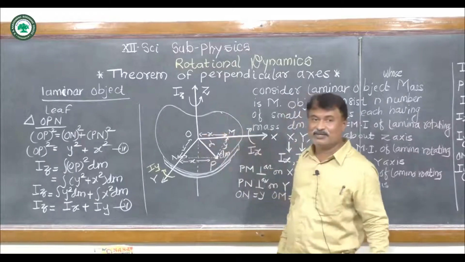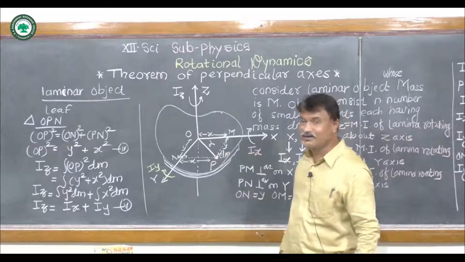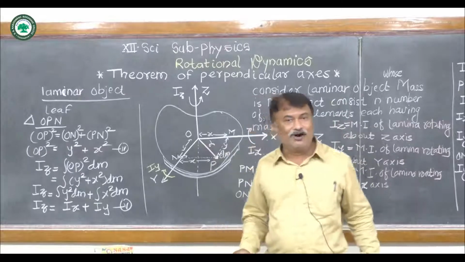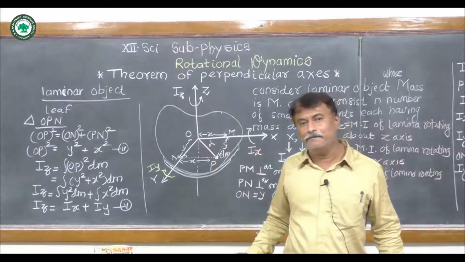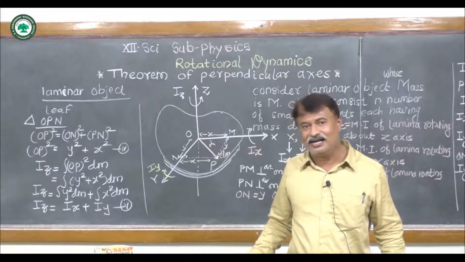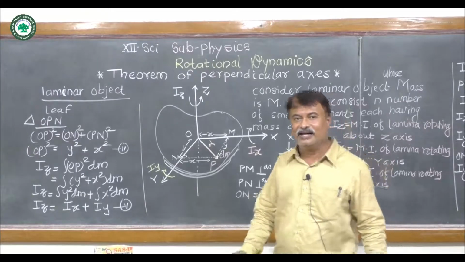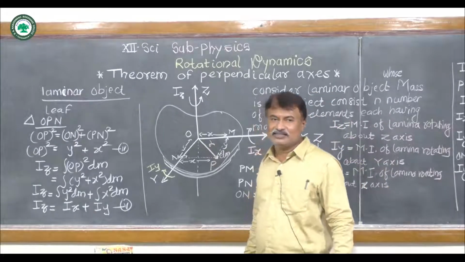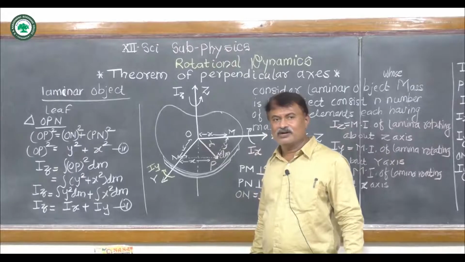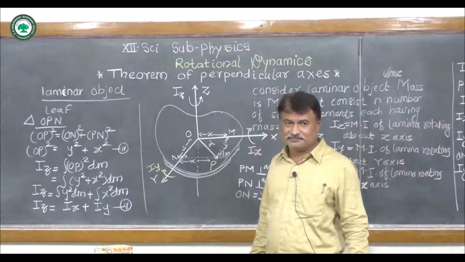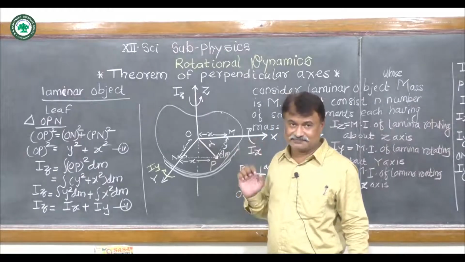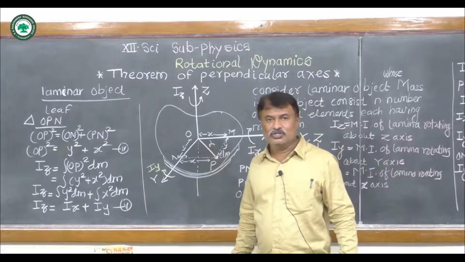Now with the help of the theorems of parallel axis and perpendicular axis, we can find the moment of inertia of all geometrical shapes about different axes. So we stop here.